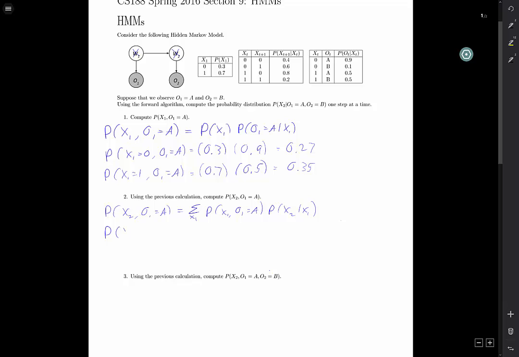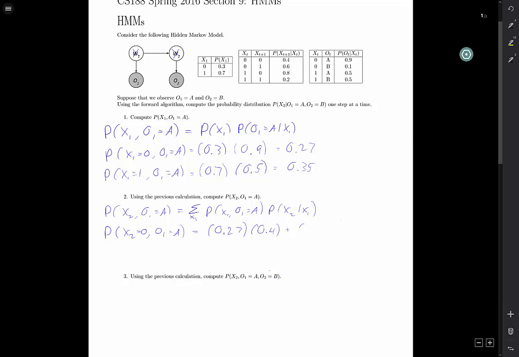So for probability of x2 equals 0, comma O1 equals A. So first we'll consider when x1 equals 0. So when x1 equals 0, from the previous part, the first term will be 0.27. And the probability we come from 0 and we go to 0 is going to be 0.4.